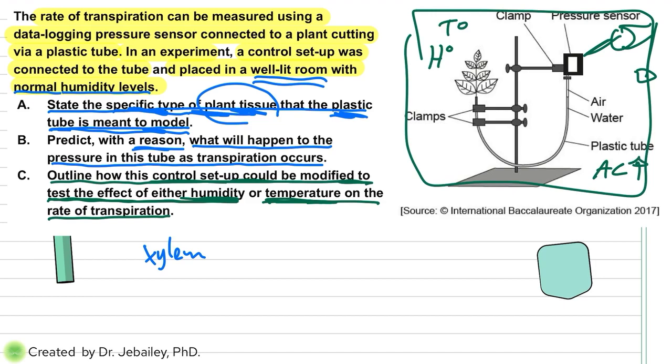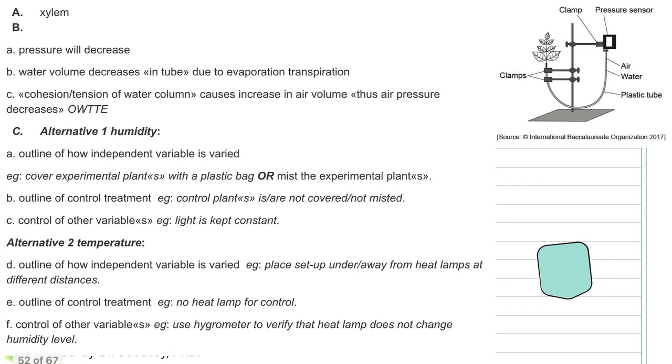For humidity, what I can do is put a plastic bag around the plant, and the plastic bag will eventually raise the humidity, and I can leave the plastic bag on for a certain amount of time and see how it goes.